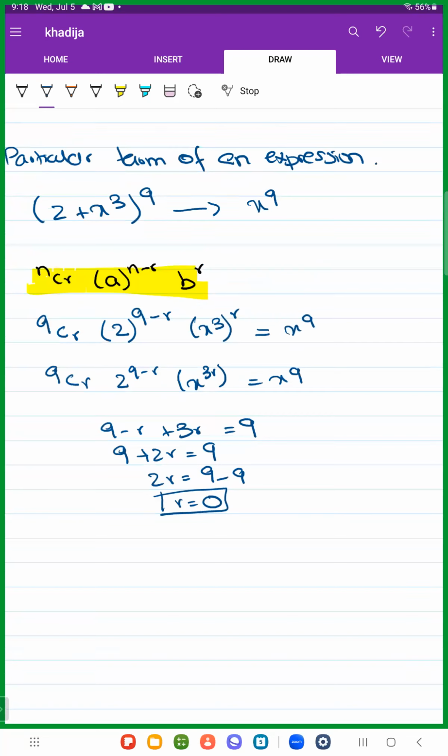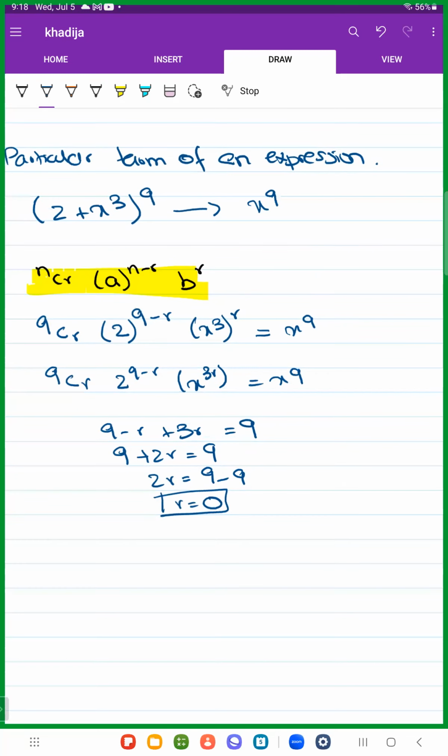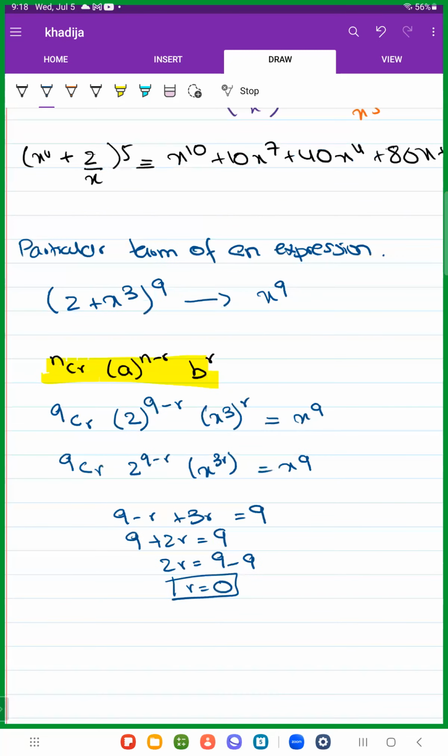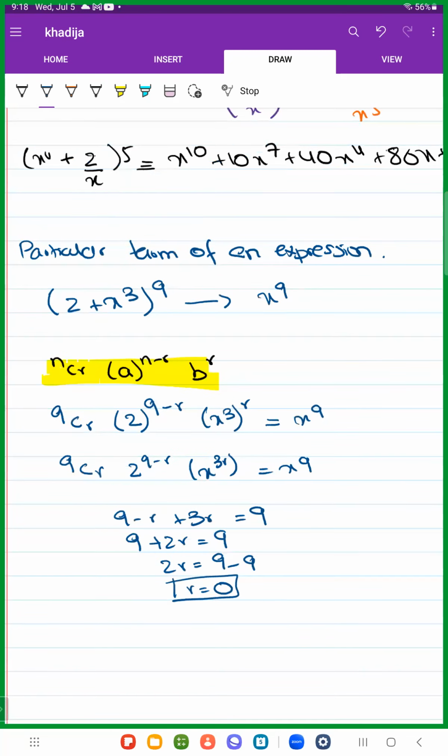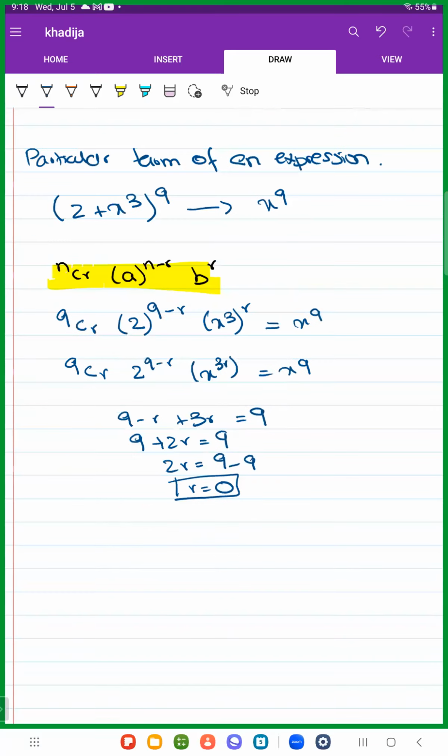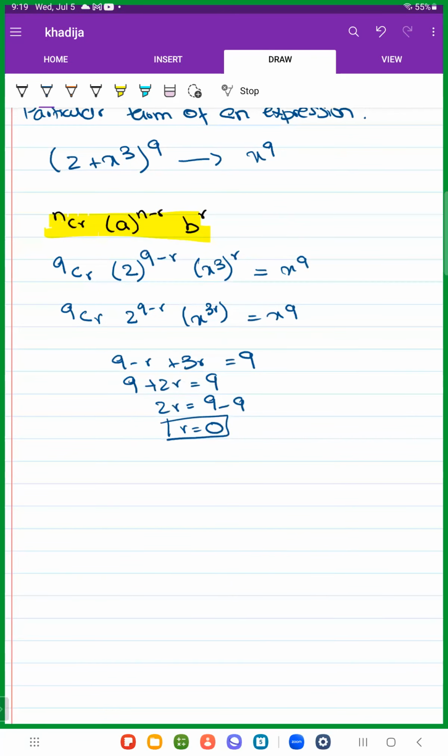Technically it'll be the first term then, where we get r equals 0. Because when you plug in 0 as r, you will get a power of 9.